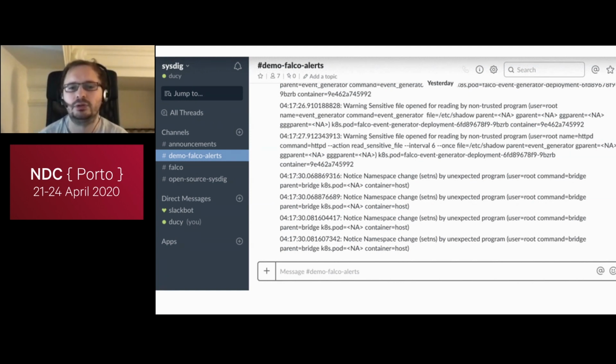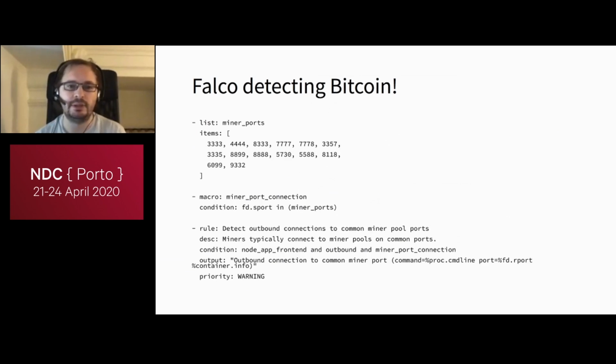And if an alert gets triggered, it can push into a Slack channel or go into other notifications that we need, based on the severity of the event. So for example, this is what a Falco rule looks like. This is detecting commonly used miner ports. So if a new port connection gets created and the source of that port is in this array, then it will trigger a warning, and that warning can be sent to Slack, for example.